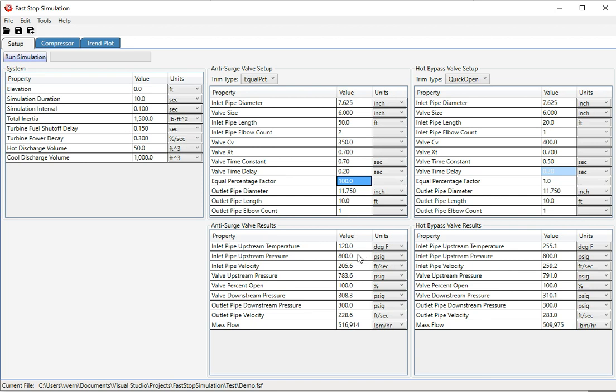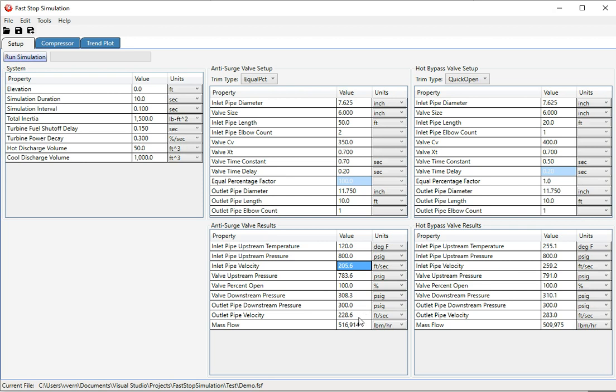Here's the results for that system. Upstream temperature and pressure. There's the velocity upstream. Valve upstream pressure, so that's the pressure right at the valve. So we've lost, what is that, 16.4 psi across the piping. Downstream pressure from the valve, 308, and outlet pipe pressure, 300.